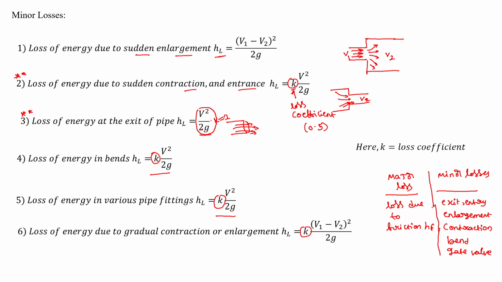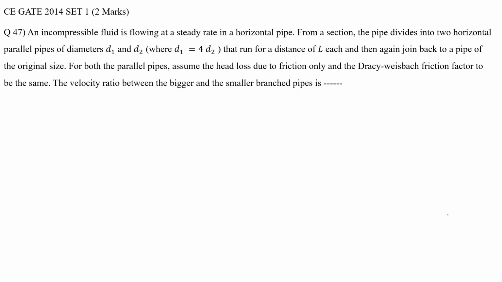All these things will result in a loss of head when the flow is taking place from a higher gradient to a lower gradient, along the gradient. Okay, so let's move to the questions.